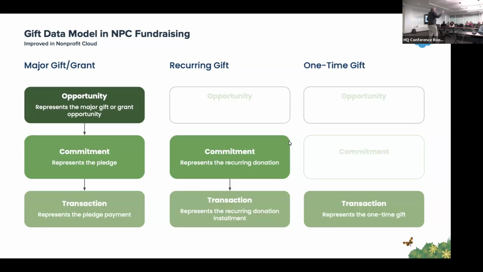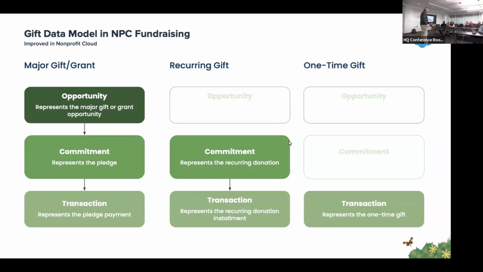And you can start to project cash flow based on that commitment, but you don't need a solicitation object for it because it came in not through direct solicitation. So you could have that model, which is a commitment with transactions that fulfill that commitment. So that's the second model that you could work with Nonprofit Cloud.